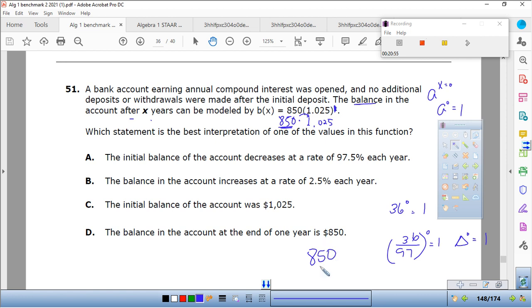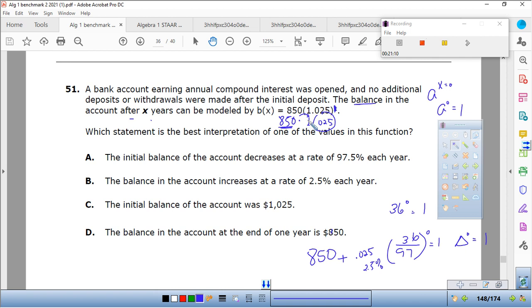Give me 850 back. That 0.025 is additional stuff. What do you mean? 0.025 is 2.5%. Remember 6th grade, convert a decimal to a percent.